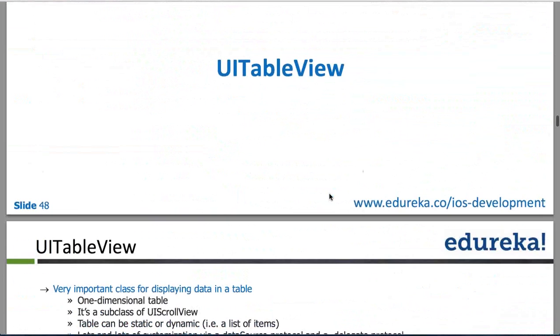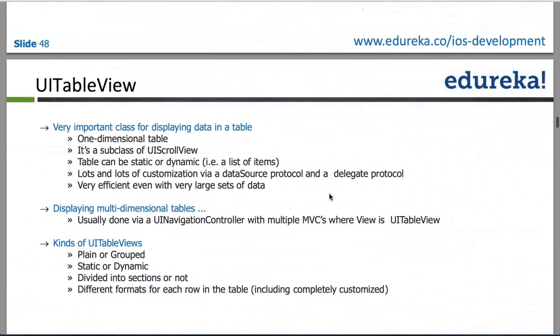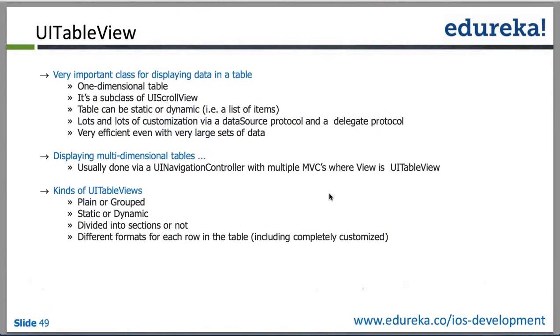Here, if you wanted to show structured data, which you have in some SQLite tables and all those things, how do you show that? We will use a UI table view. They are nothing but one-dimensional tables.